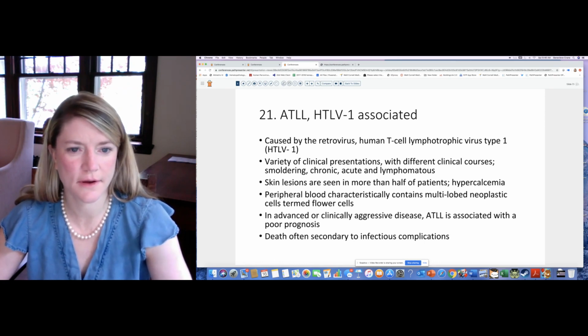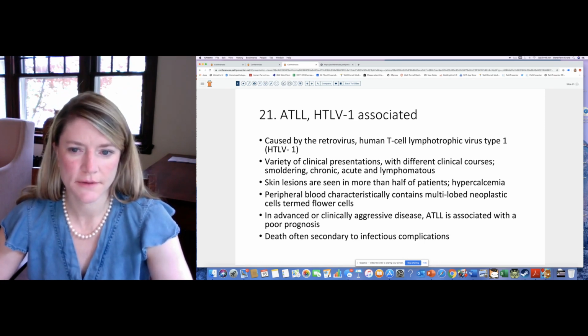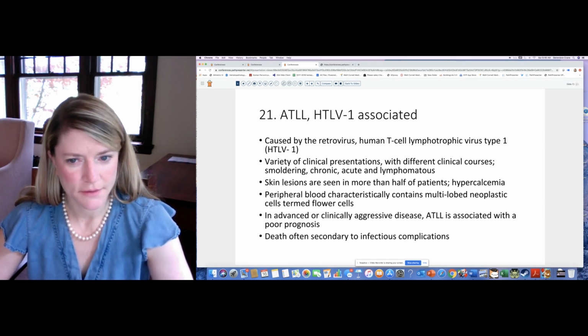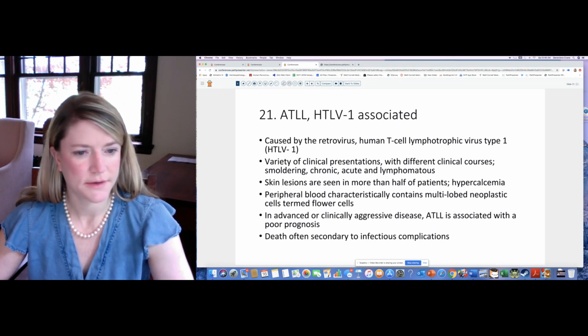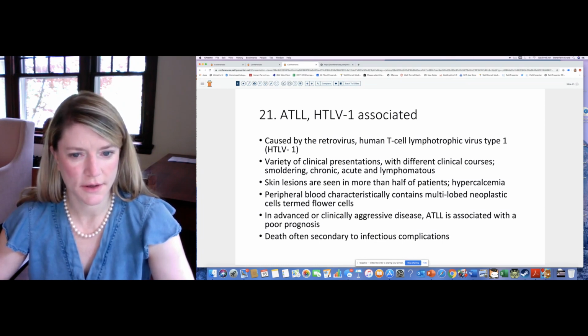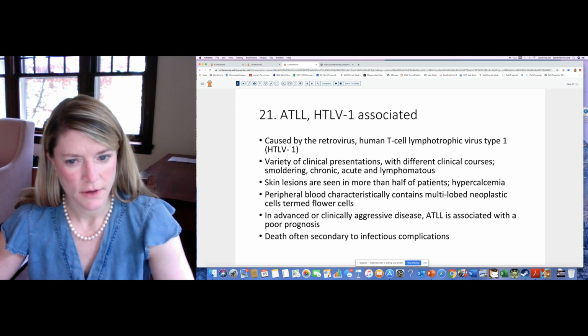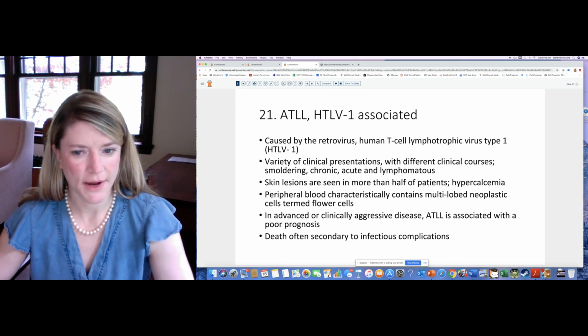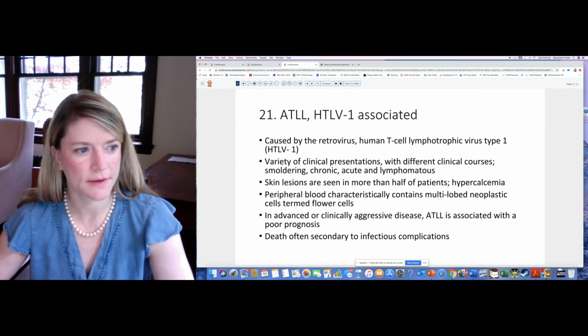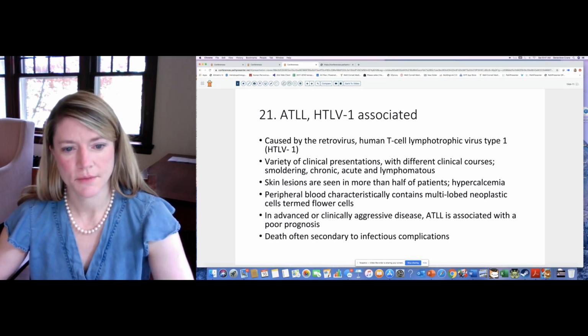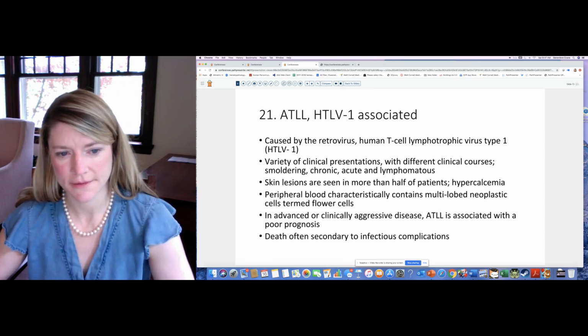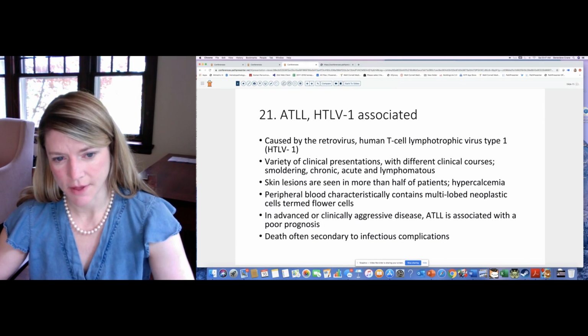This disease is caused by a retrovirus, human T-cell lymphotropic virus type 1. It can have a variety of clinical presentations with very different clinical courses, divided into smoldering, chronic, acute, and lymphomatous presentations. Skin lesions are seen in more than half of the patients, and hypercalcemia is another characteristic finding. Typically, the peripheral blood will contain characteristic multi-lobed neoplastic cells, which have been termed flower cells.